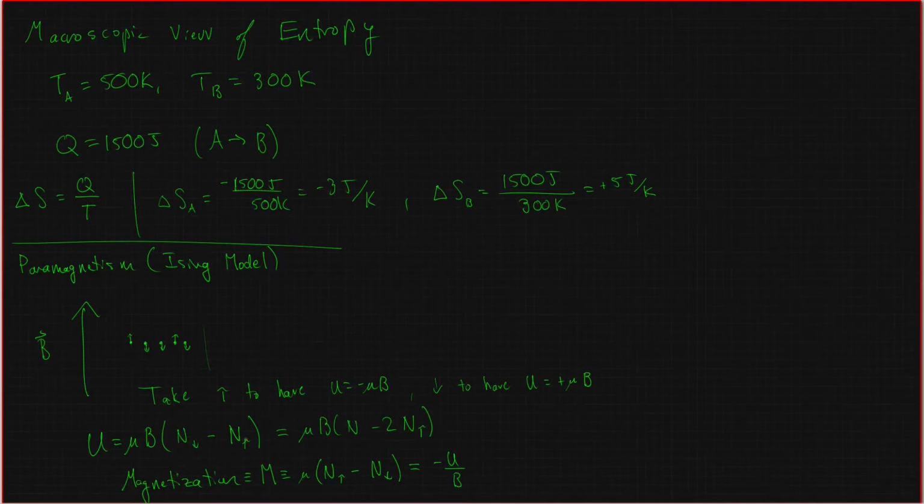And all of them are up. And so in that case, the energy is negative mu times B times N. Does that make sense? Yeah, no, they're not necessarily equal. We're just saying that you have some number N of those guys, but they can be distributed through N up and N down, however you please.